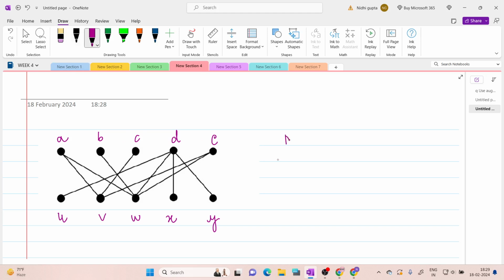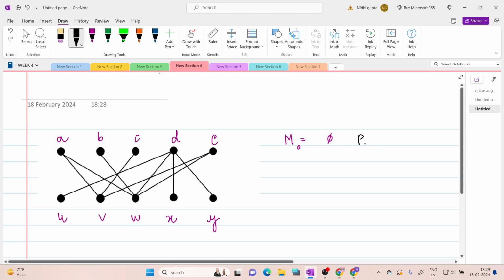We start with M0 to be the empty set. M0 is empty. So what is the augmenting path with respect to M0? Since there are no matched vertices, we can take any of the edges.